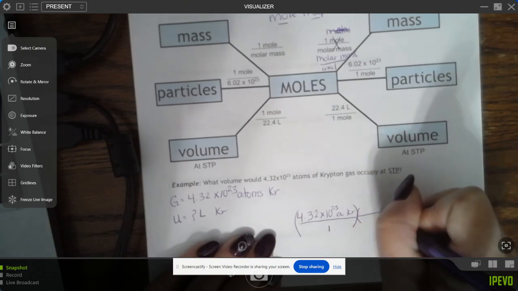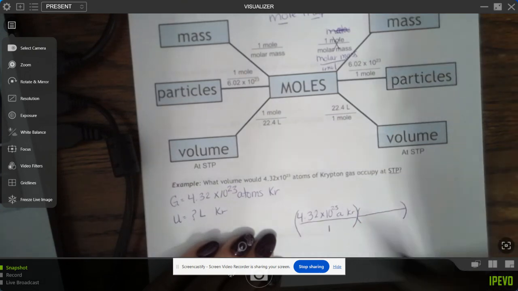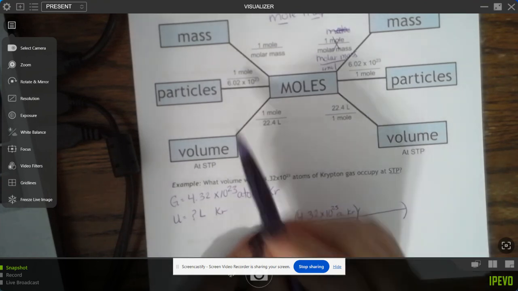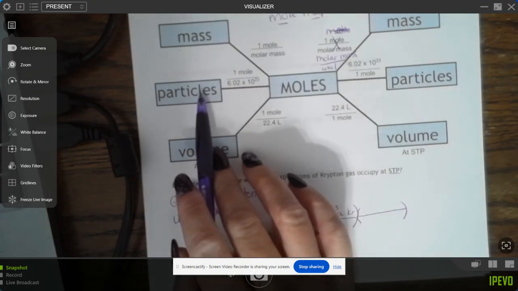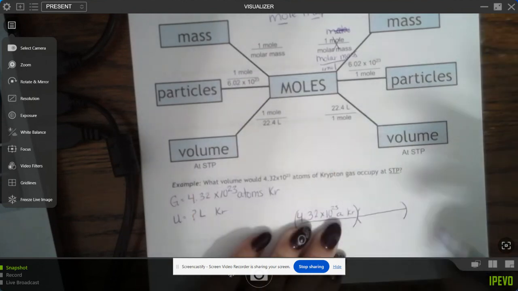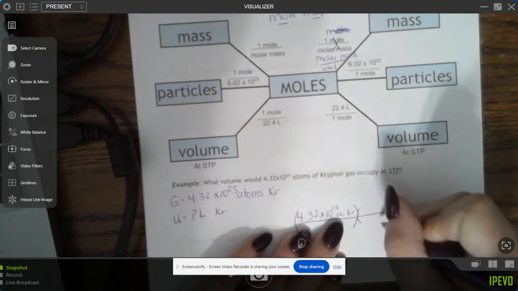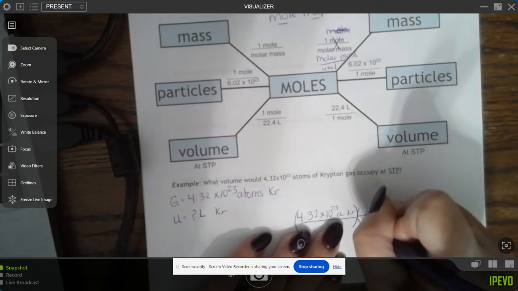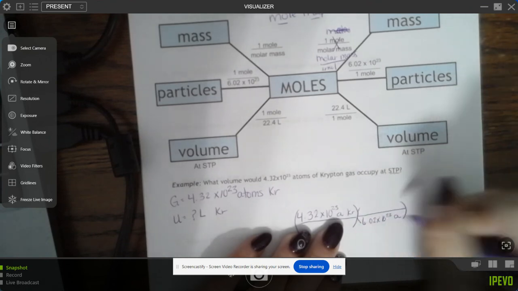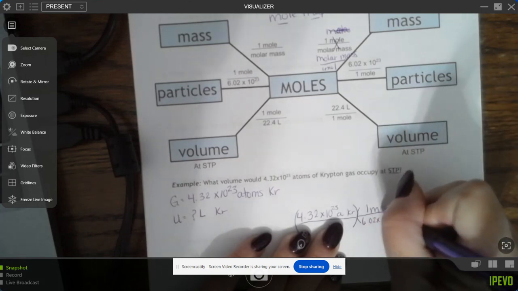Now, to set up the conversion, I'm starting with atoms, so I want to go from atoms to moles. My conversion factor is going to have atoms on the bottom. So 6.02 times 10 to the 23rd atoms is equal to 1 mole.